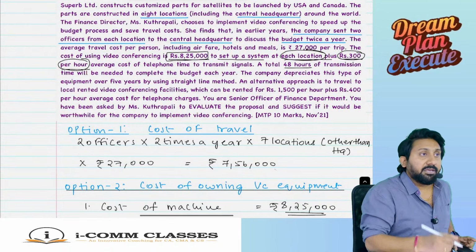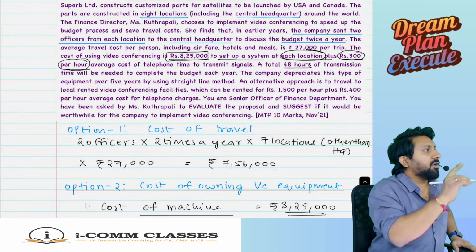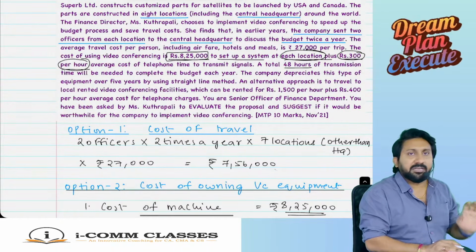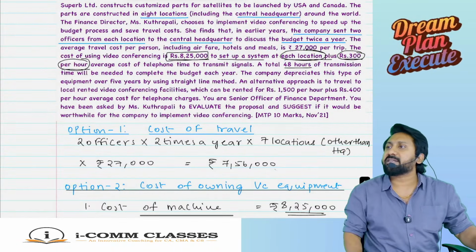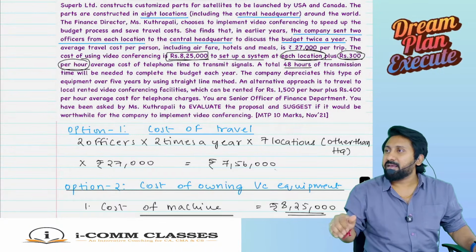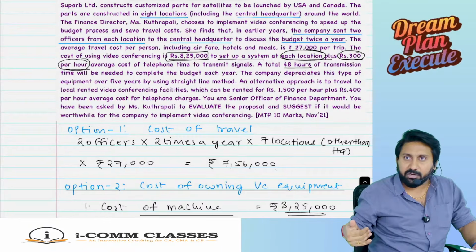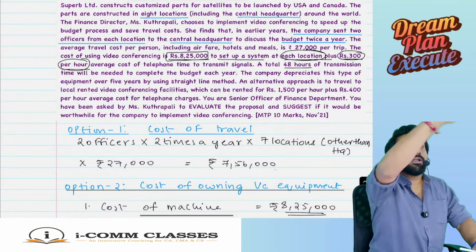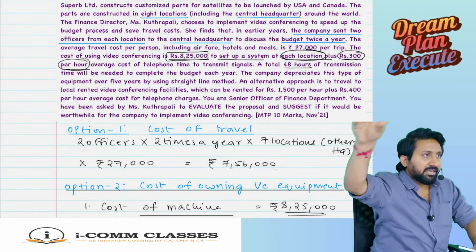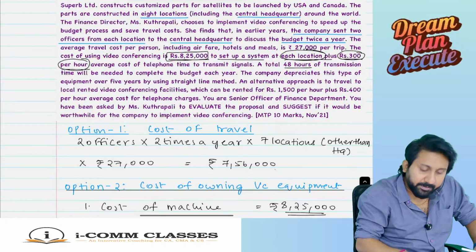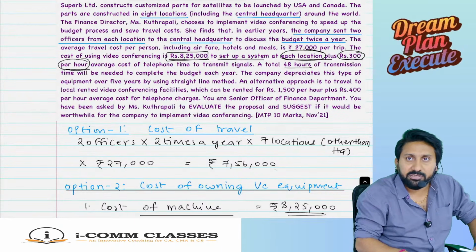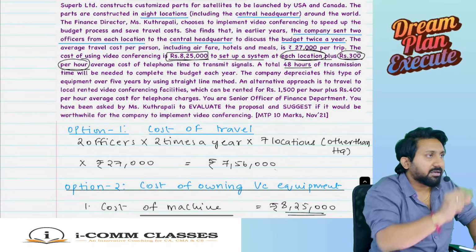Every location you need to put a video conferencing machine. See, totally how many locations are there? Totally 8 locations are there. 8 locations, one location is already headquarters. Remaining all the locations, what I need to set up? Video conference. Each location, how much I need to spend? 8,25,000 I need to spend once each location.